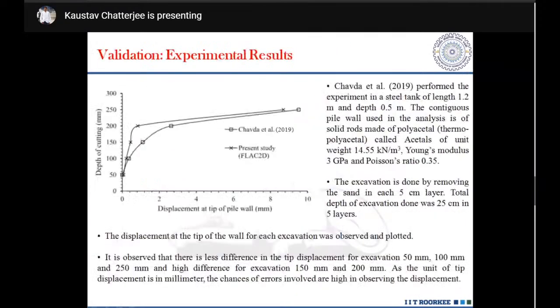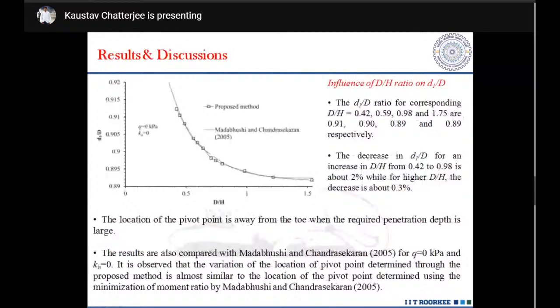Now, if I come to the study that we have done over here, the d1 by d ratio for corresponding d by h is 0.91, 0.9. So from whatever d by h we obtained in the previous case, we are studying the d1 by d over here. We see that d1 by d decreases for an increase in d by h from 0.42 to 0.98 by 2%, while for higher d by h, it decreases about 0.3%. That is, the location of the pivot point is away from the toe where the required penetration depth is quite large. Okay.